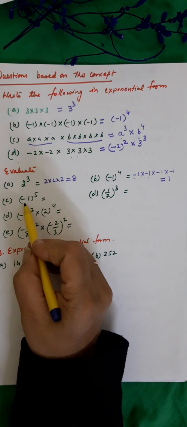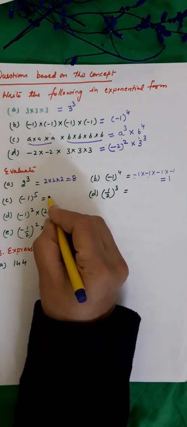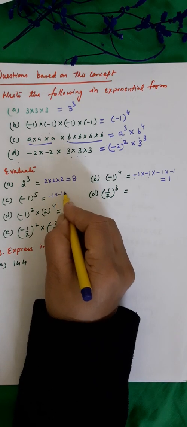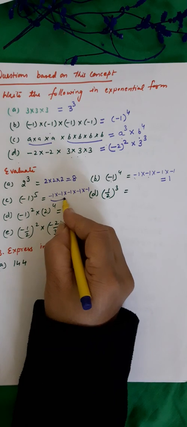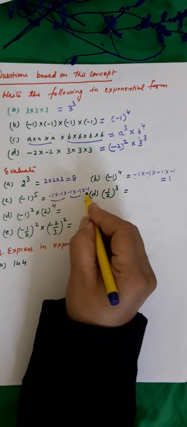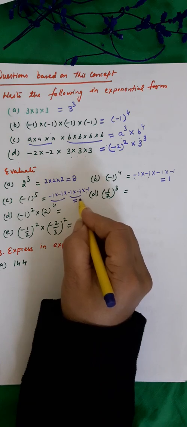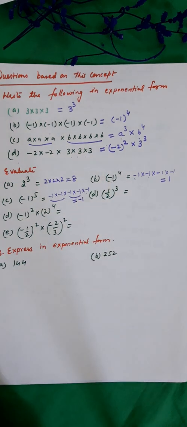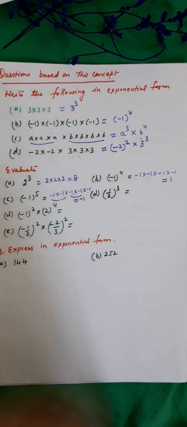Similarly, now if I have minus 1 raised to the power 5, then what is happening? Here minus 1 into minus 1 into minus 1 into minus 1 into minus 1. This will become positive, this will become positive, but this will be negative. So that means the answer is going to be minus 1. Fine. Now, here we have understood a few things.